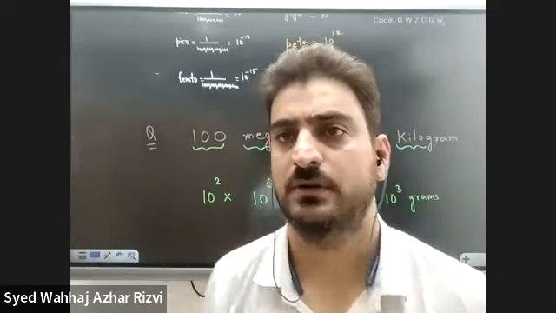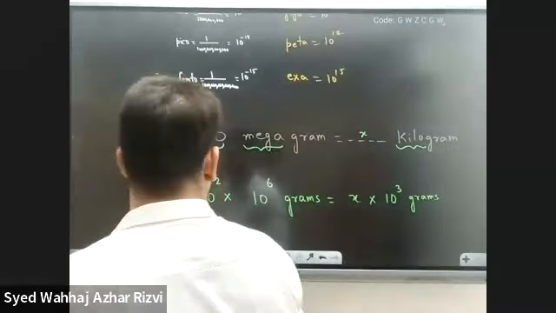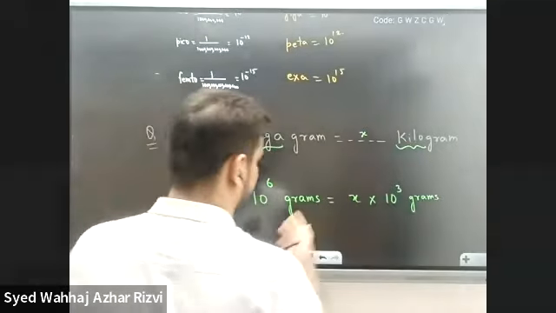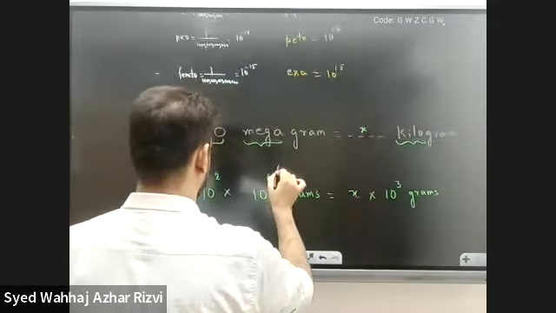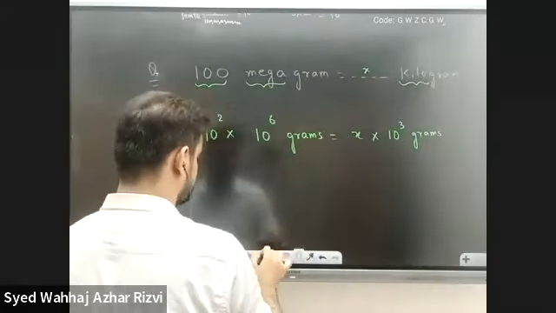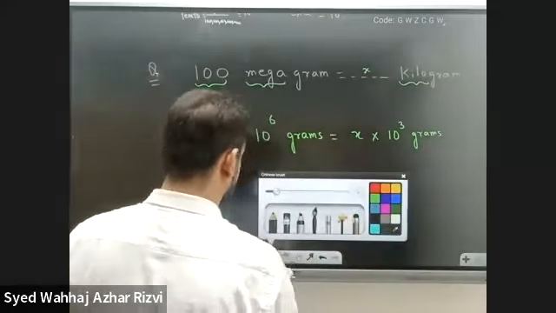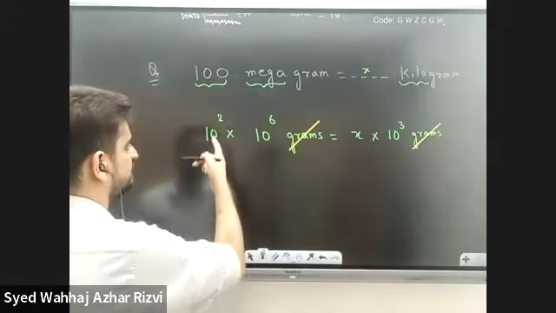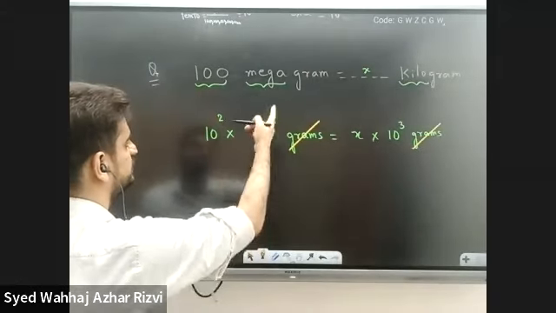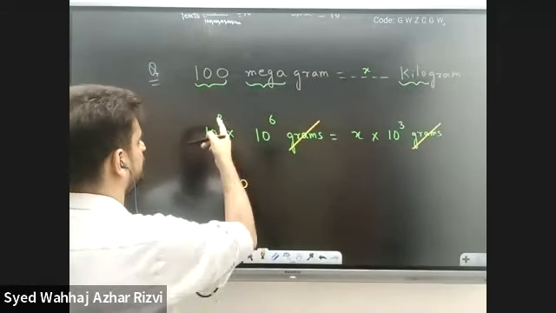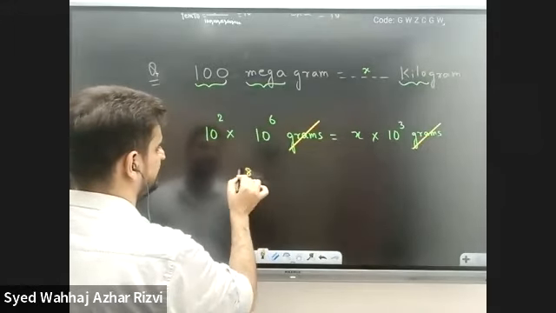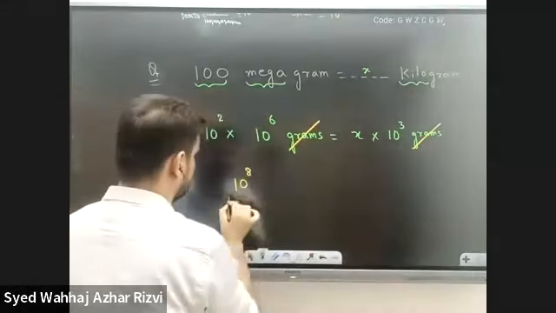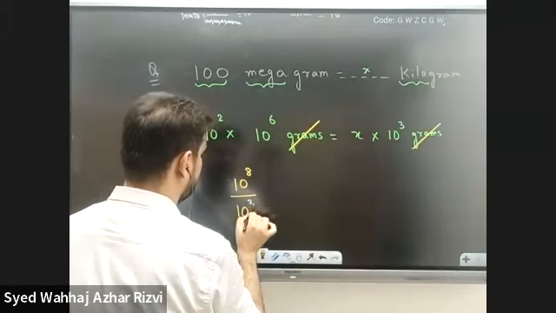Let's write it down. So we have to find out the value of X. What can we do? We have grams on both sides of the equation, so we can cancel it. Then we have 10 raised to the power 2 times 10 raised to the power 6, which becomes 10 raised to the power 2 plus 6, which is 8. And then we can divide it by 10 raised to the power 3.